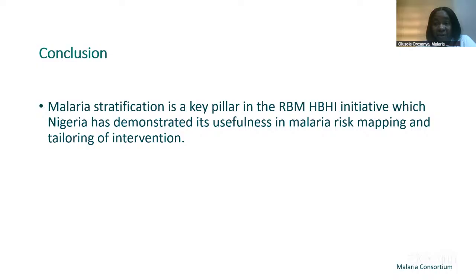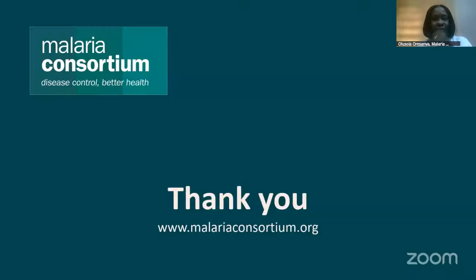This has been very useful for the country because it has helped Nigeria to target interventions and to focus more on the areas where malaria risk is highest. So I thank you for listening, and thank you for the opportunity.